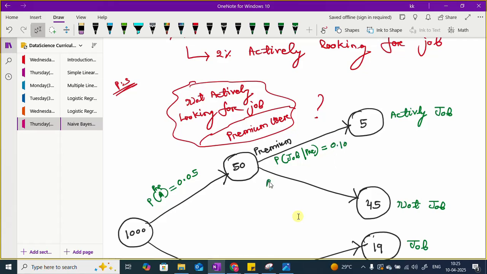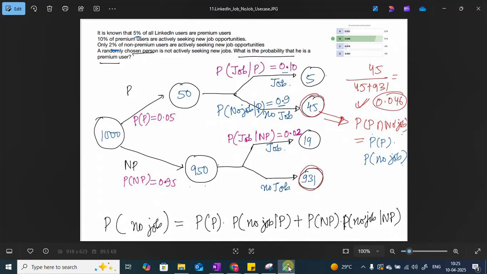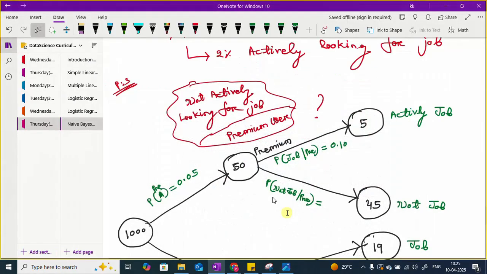Similarly, what is the probability of not looking for job, provided this is a premium? Guys, are you able to understand up to what depth I am going? So this will be 0.9.